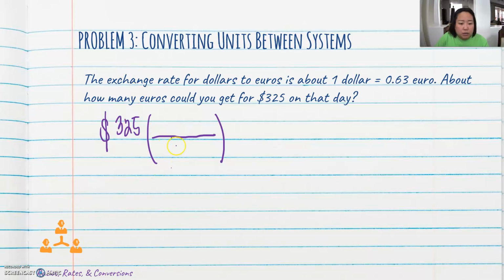So dollars will be at the denominator, so that's $1, and euros is 0.63. If I remember it correctly, it's something like this. That's the unit for euro. Okay, so 0.63. The dollar unit is gone. Dollar divided by dollar is 1. Luckily for us, we will just multiply 325 and 0.63 divided by 1, so we don't care about that denominator anymore.